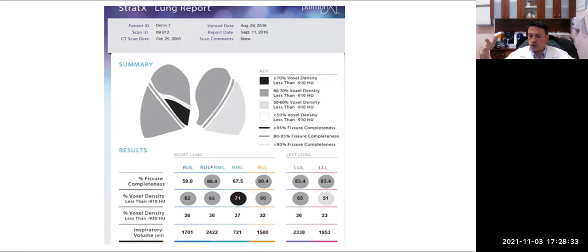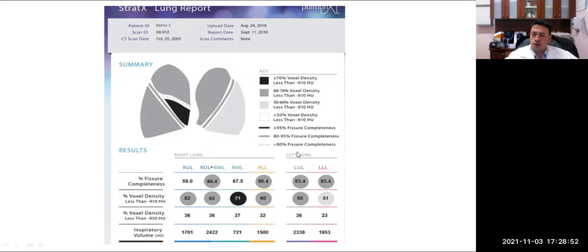Conceptually, the valve should go into areas that are most destroyed, most hyperinflated, and areas that have a complete fissure, meaning areas that are not communicating with each other, right?